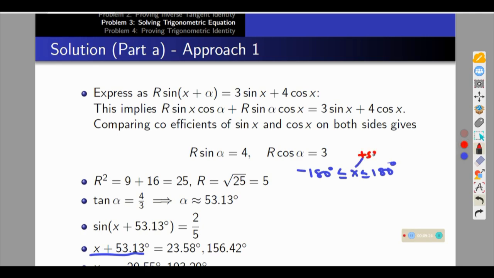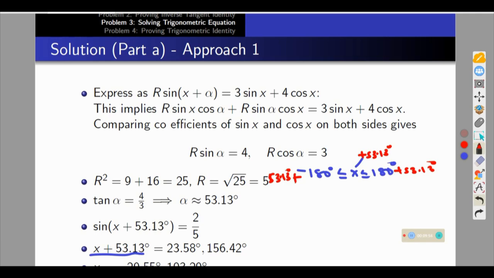You add 53.13 degrees, and you do the same on each side. So the given range for x plus 53.13 will be negative 180, adding there 53.13.